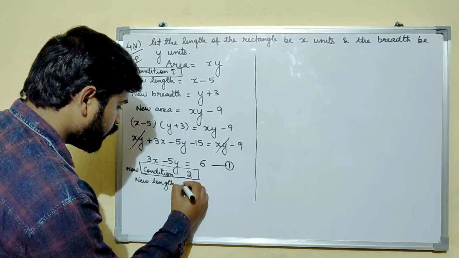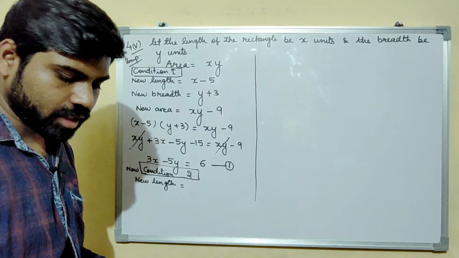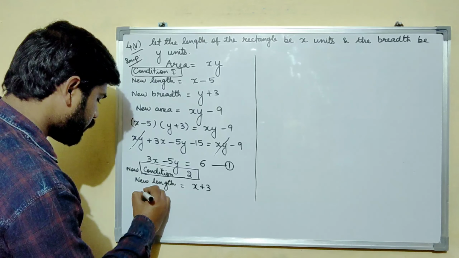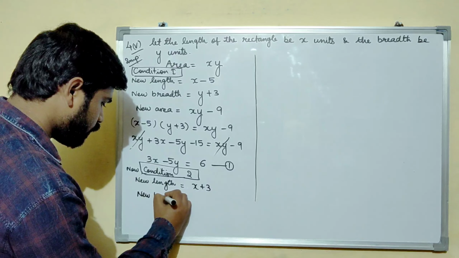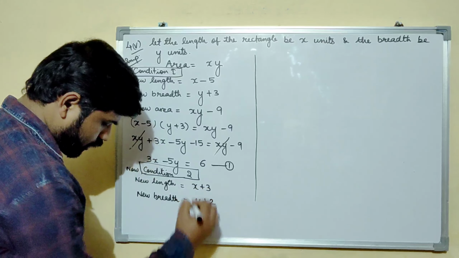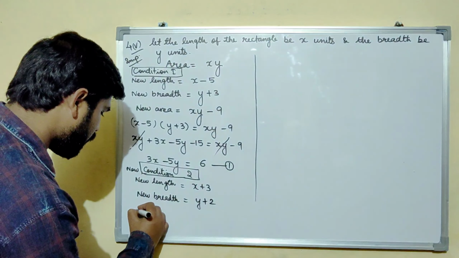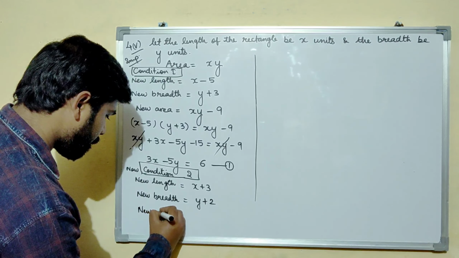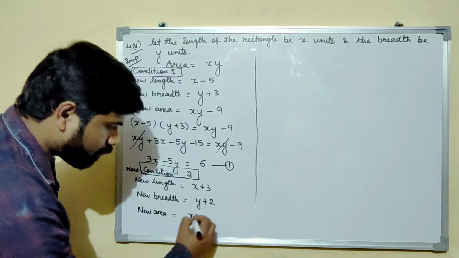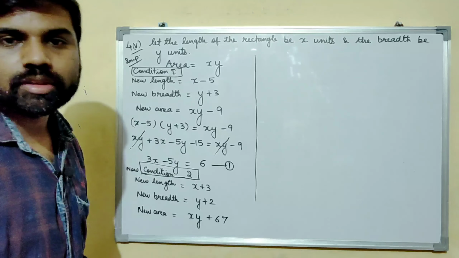And now condition 2: it is said that if we increase the length by 3 units, that means x plus 3, and the new breadth is, the breadth is increased by 2 units. The new area increases by, so new area will be the older area plus 67. The new area increases by 67 square units.